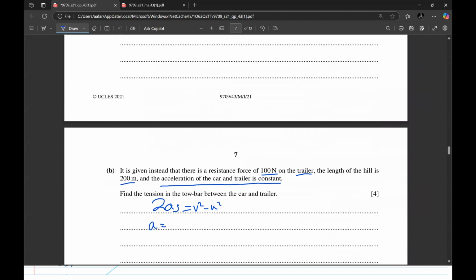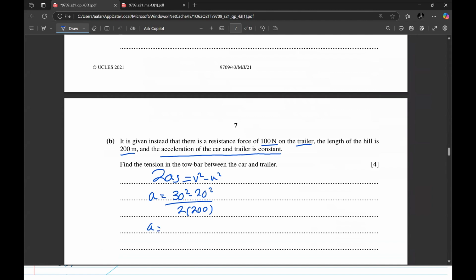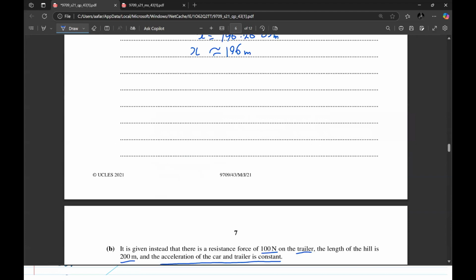So acceleration is equal to v square, which is 30 square minus 20 square, over 200. The acceleration we get is 1.25. So we know the acceleration.